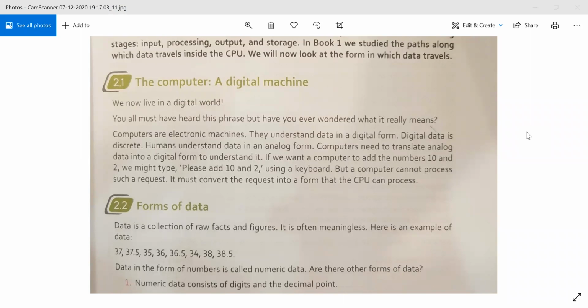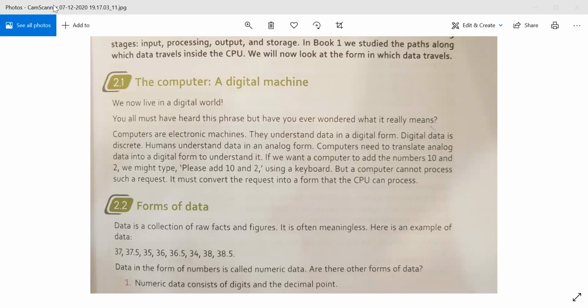They understand data in digital forms. Digital data is discrete. Humans understand data in an analog form. The computer needs to translate analog data into a digital form to understand it.